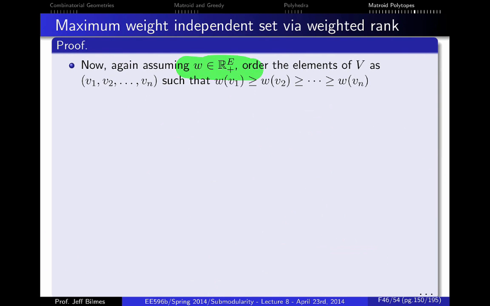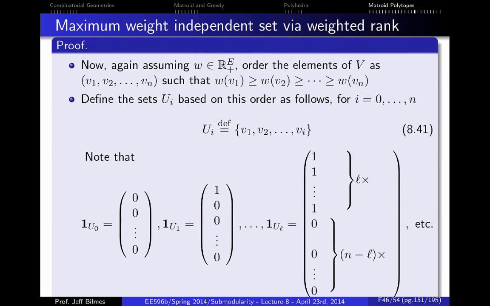Let's take a non-negative weight, or non-negative modular function. Let's sort the elements. So we're going to order the elements, or rename the orders. In some sense, the axis names don't really matter. We're going to rename the axes such that the axes are named in order of decreasing weight. It's kind of like sorting the axes.